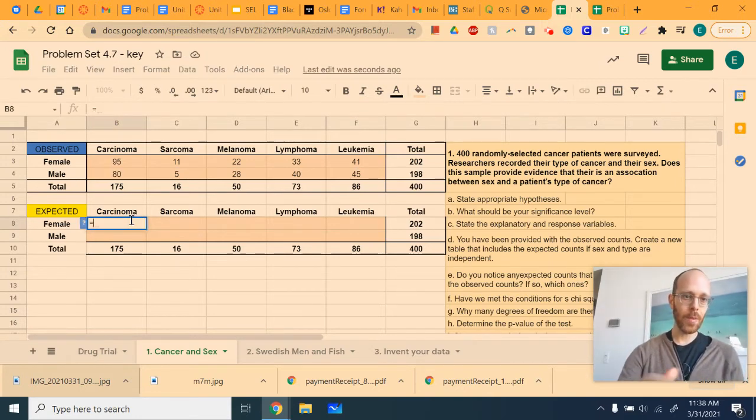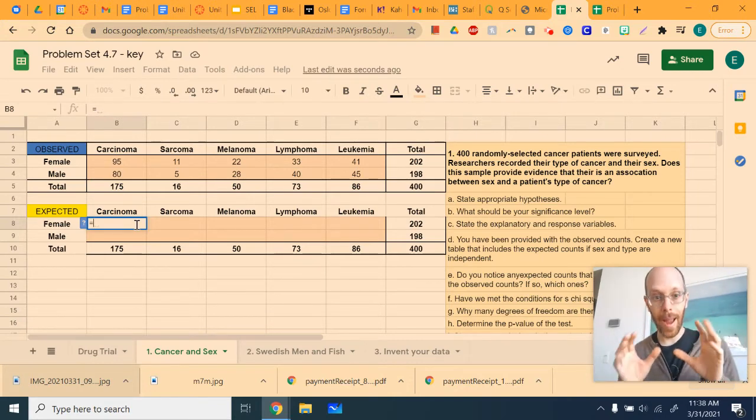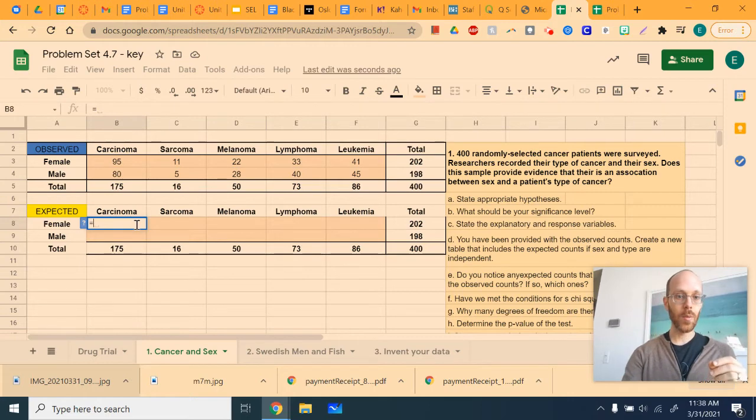And the expected number of females that develop a carcinoma, if sex and type of cancer are actually independent, that expected number will be, there's 202 women times 175 carcinomas divided by the total number of carcinomas.